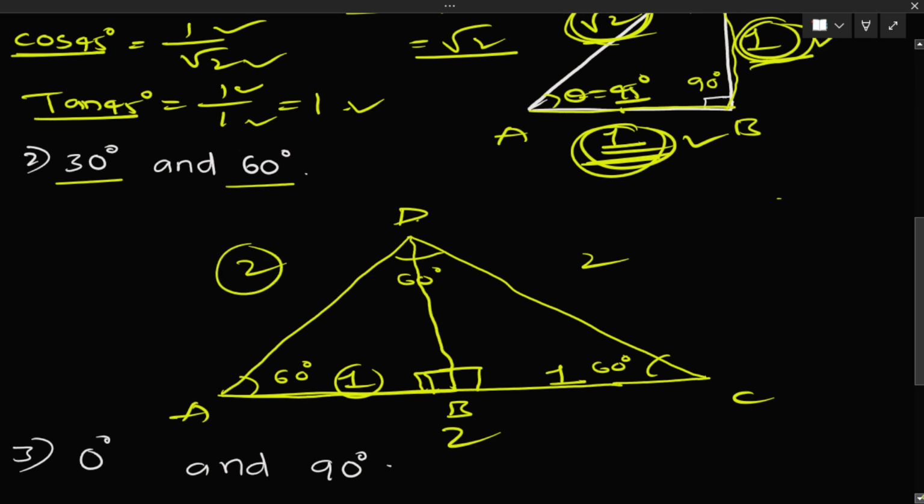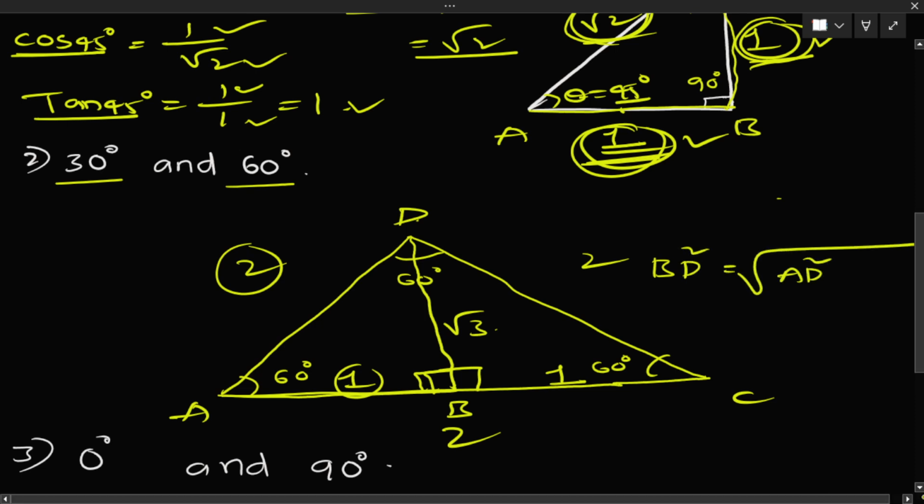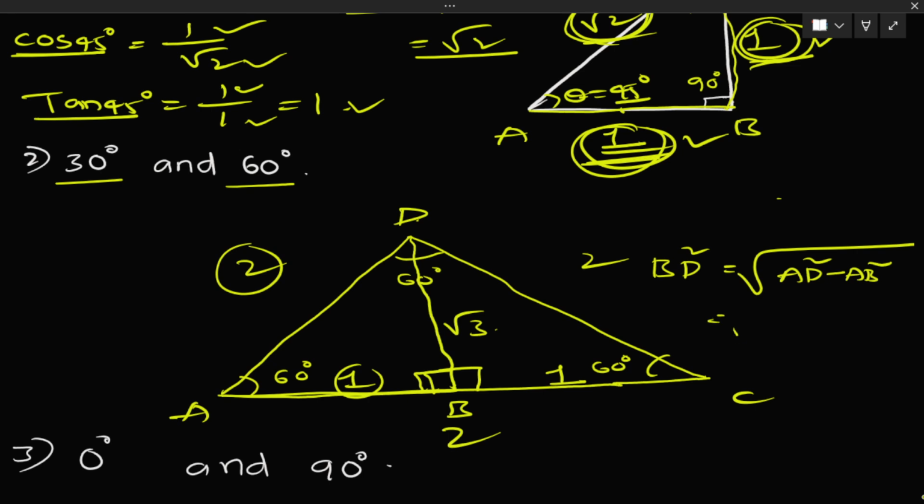BD is equal to under root AD square minus AB square by Pythagoras theorem. So here under root 2 square minus 1 square is equal to 4 minus 1, which gives you root 3.